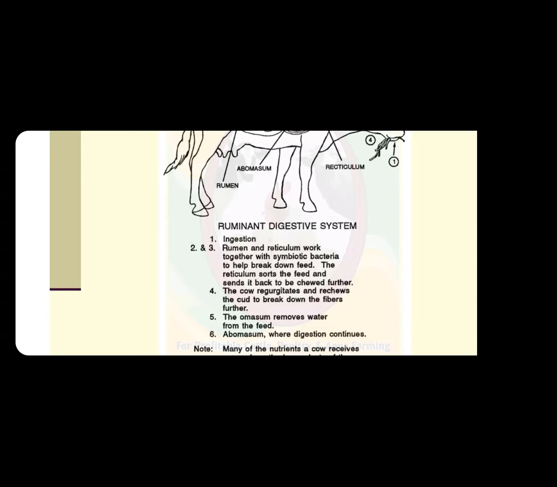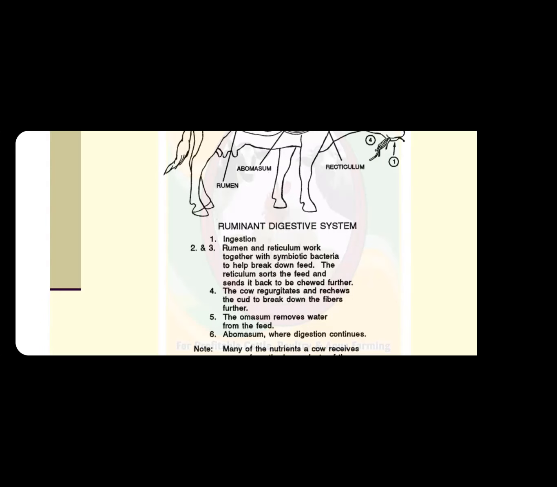The reticulum sorts the feed and sends it back to be chewed further. The cow regurgitates and rechews the cud to break down the fibers further. It's a rinse and repeat process until the stomach is satisfied that this particular grass, we can easily now digest the cellulose and so forth, those things we talked about, and break it down and use it for energy.